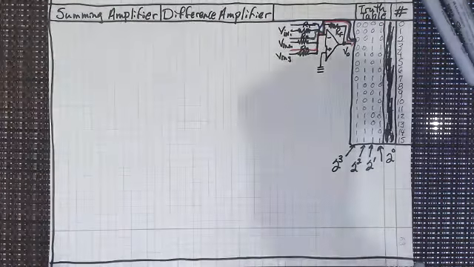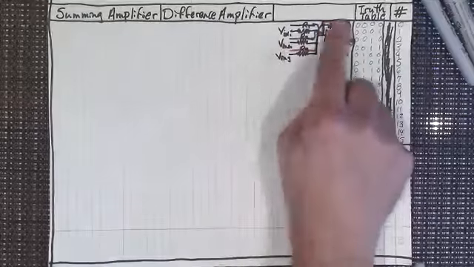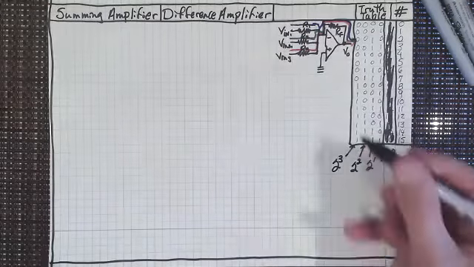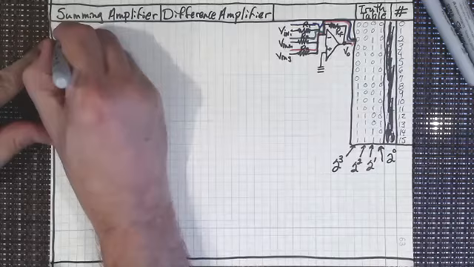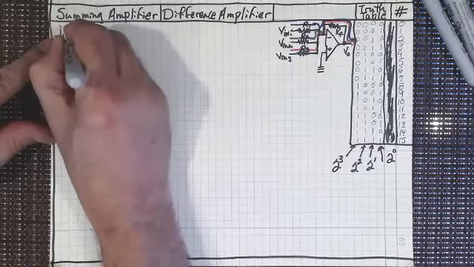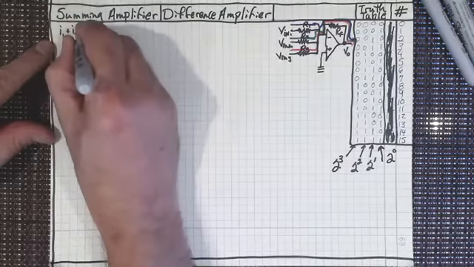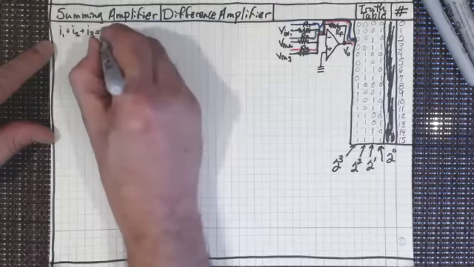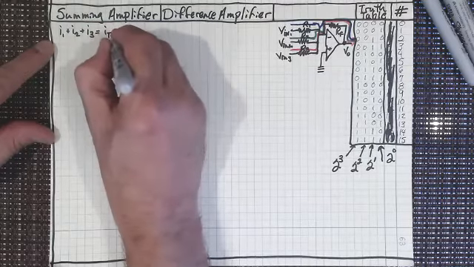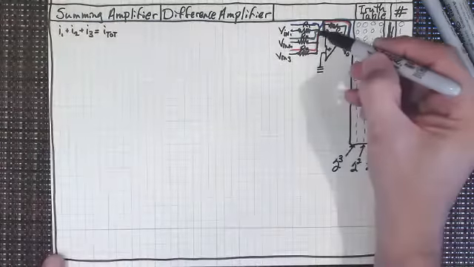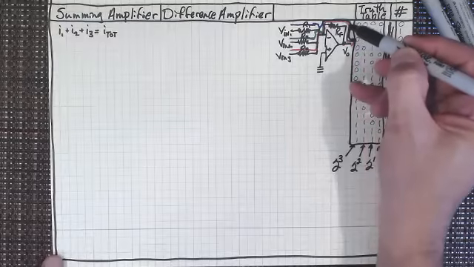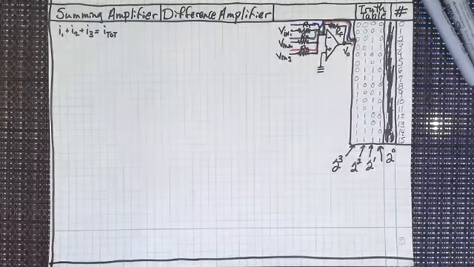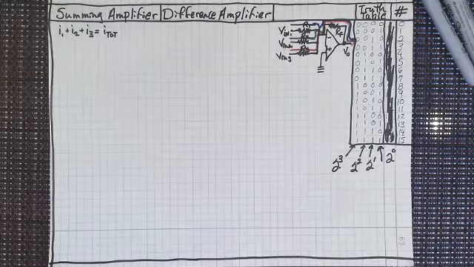So I've got all 3 of those currents. Let's call those currents I sub 1, I sub 2, I sub 3. So I sub 1 plus I sub 2 plus I sub 3 is going to equal I total. I'm calling it I total because that's the total current flowing through that feedback resistor and flowing out.